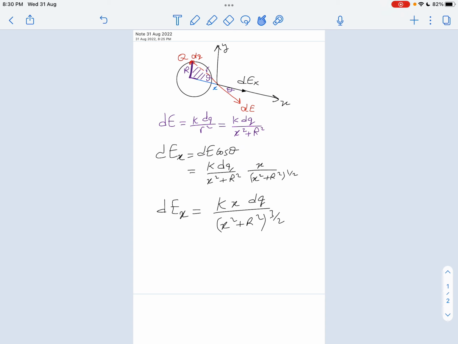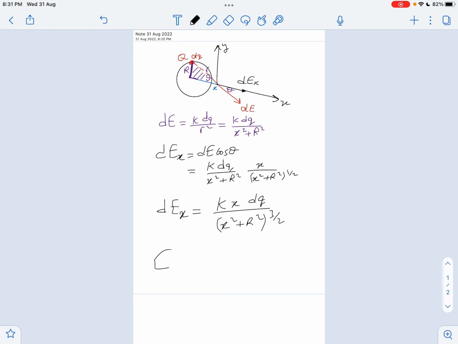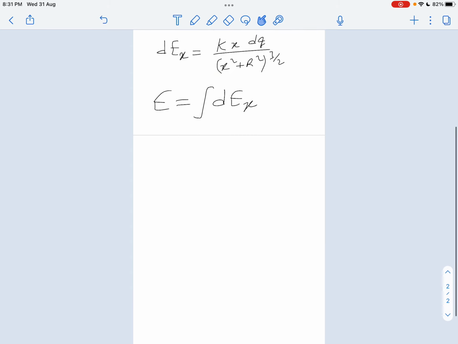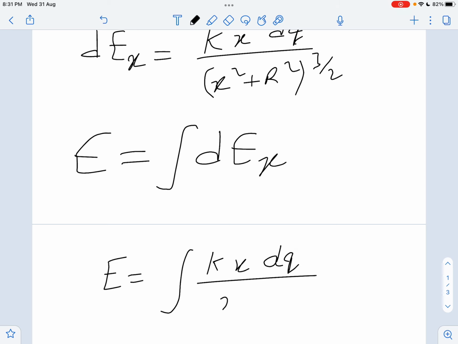So to find the total electric field, we simply integrate. So the total electric field is the integral of dEx. Then the electric field E is equal to the integral of k x dq over x squared plus R squared power 3 over 2.